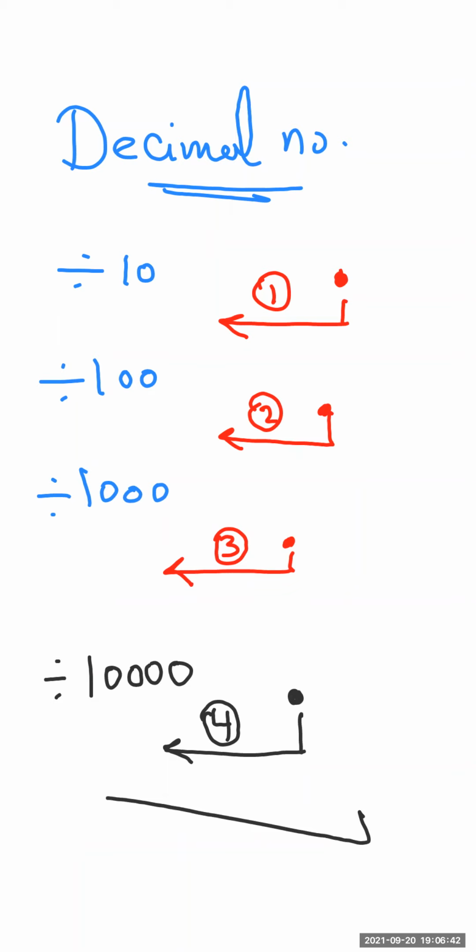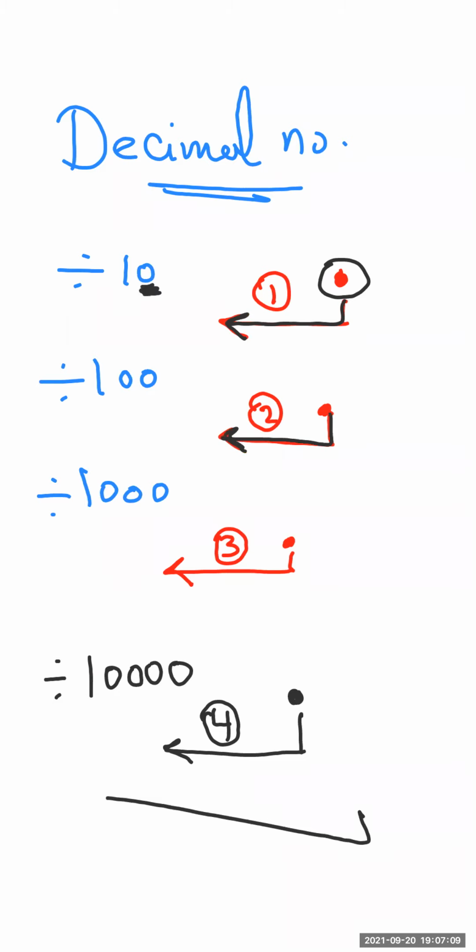Okay. So here, the decimal numbers. If we divide a decimal number by 10, this means the decimal point will move to the left one place. If you divide the decimal number by 100, the decimal point also will move to the left, but two places.